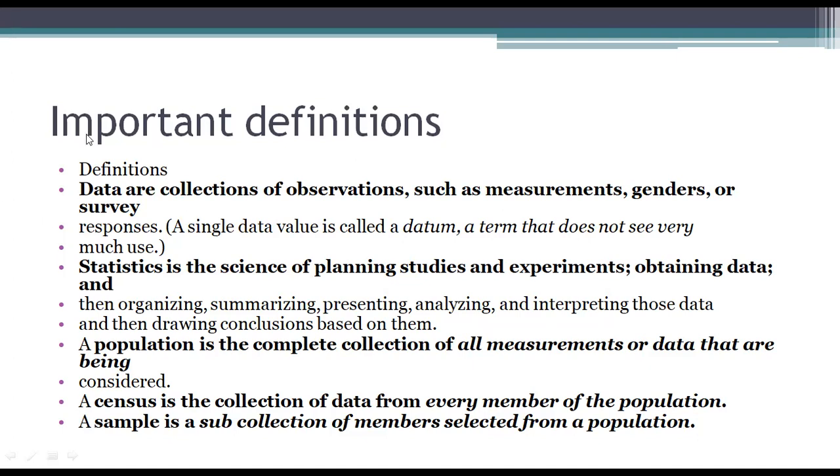So a single data value is called datum, and datum does not see very much use. For example, you want to know about your friends' color choices in your class. First of all, you ask one friend what he likes, and he says he likes blue, and now you stop asking other friends.